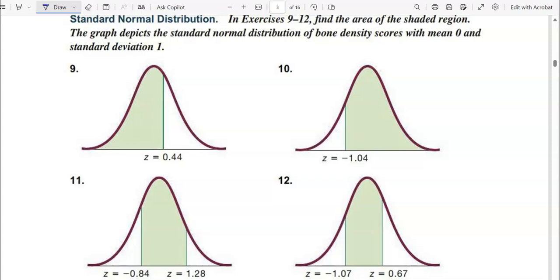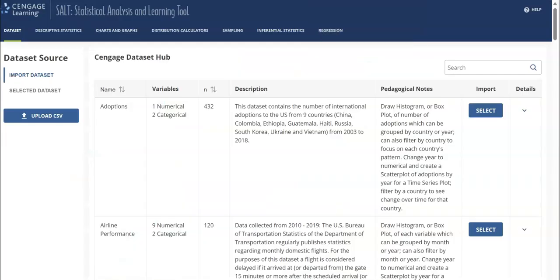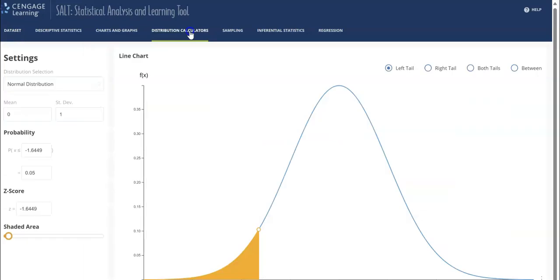So in these pictures, we want to find the area of the shaded region, and they're giving us a z-score. So that first one is asking us to find the probability that z is less than 0.44. Okay, less than because we're shaded to the left of 0.44 as our z-score. So I'm going to go to my SALT technology, distribution calculators, and this is the normal distribution with the standard mean and standard deviation.